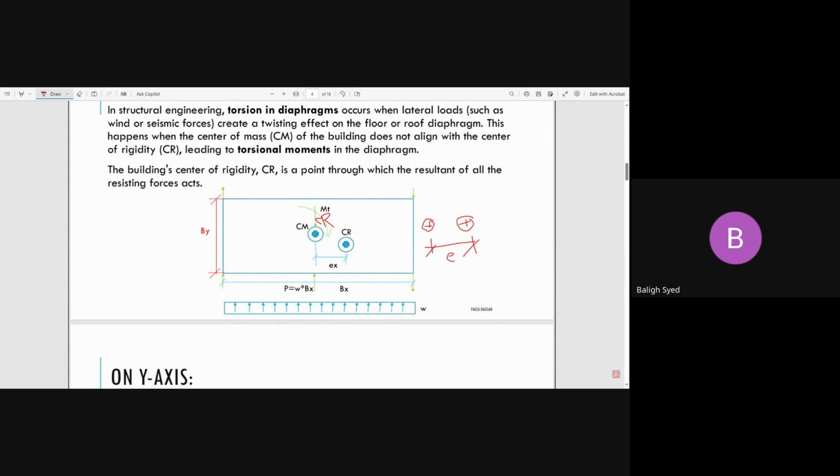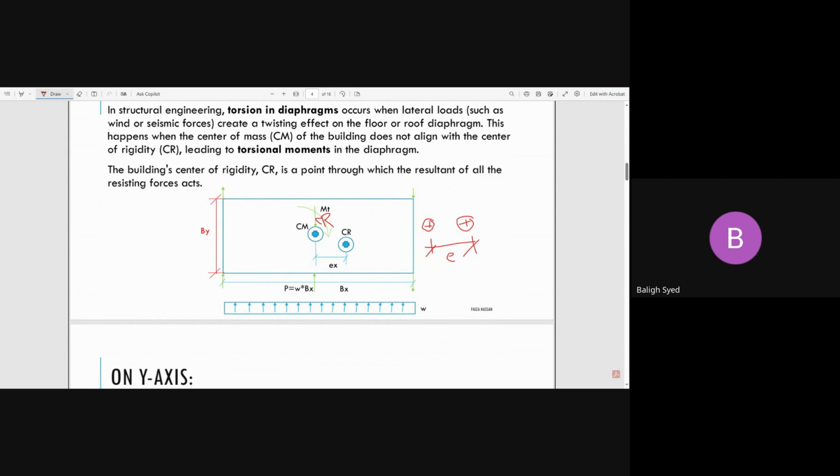That is already being calculated by whatever software you are using. If you are doing the hand analysis, then you have to calculate by yourself what the natural eccentricity is. That's called natural eccentricity in your structure, and this is called accidental eccentricity.